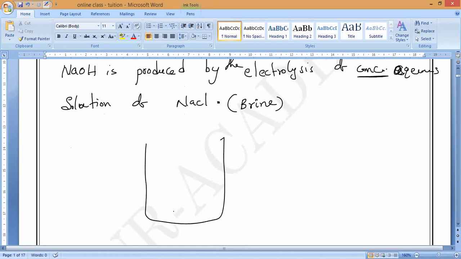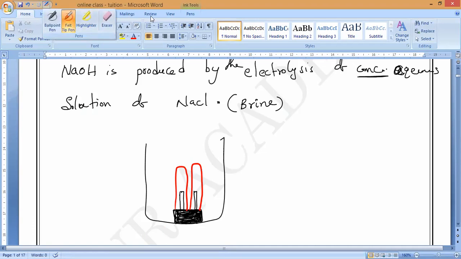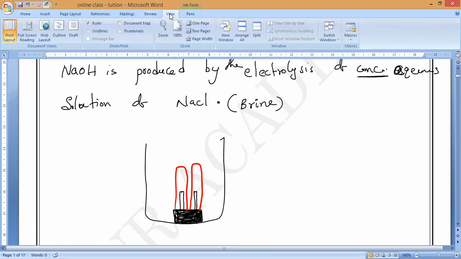This is the electrolysis process. Sodium hydroxide and chlorine plus hydrogen gas are produced. Now we have to take two electrodes, and these are the collecting jars. Understand? Yes, sir.